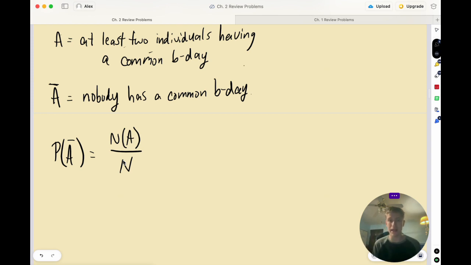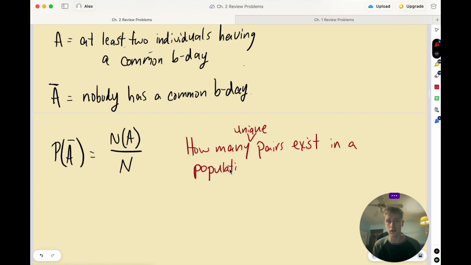Well, the question remains, so to first answer this, we should probably answer the question, how many pairs are there? How many pairs exist? How many, I should say, unique pairs exist in a population of R people?